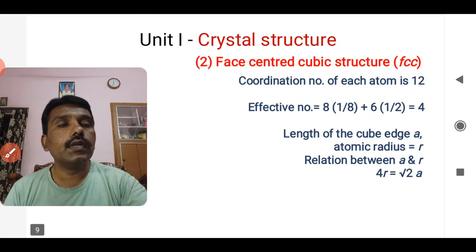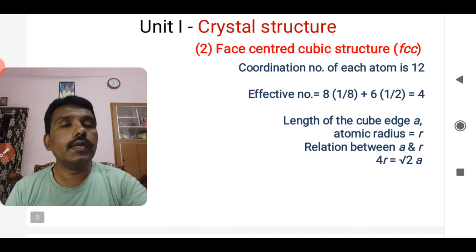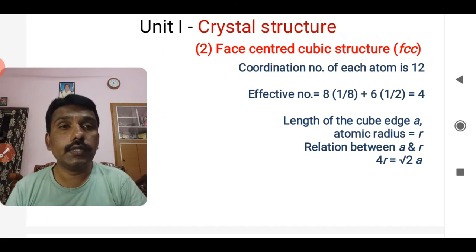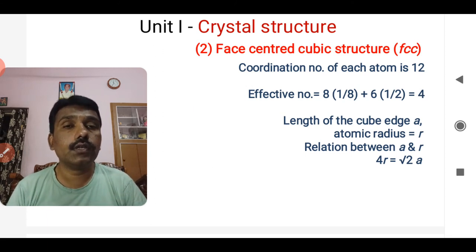Now as far as the coordination number is concerned, it is 12, as it is a closed packed structure. That's why each atom is surrounded by 12 atoms.